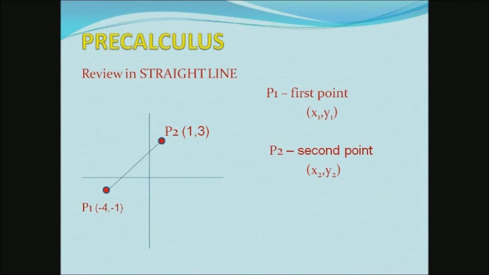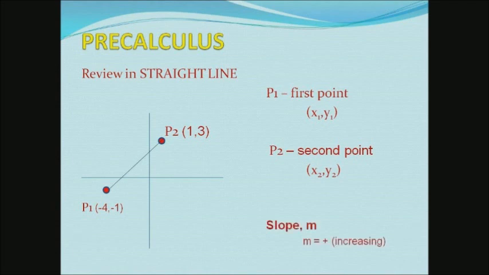So ibig sabihin nito, yung point 1 natin, yung -4 and -1 na coordinates niya, yun yung x1 at y1 natin. Kasi nga, yun ay first point. Now, our second point, P2, that means yung coordinate niya na 1, 3 will be our x2 and y2.